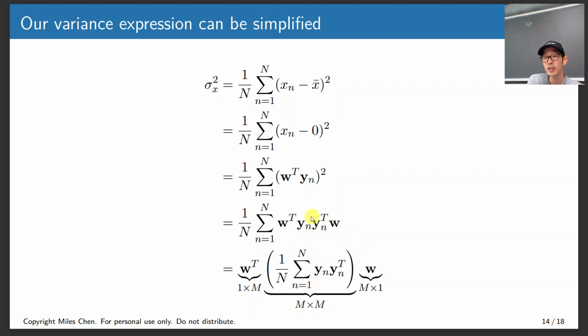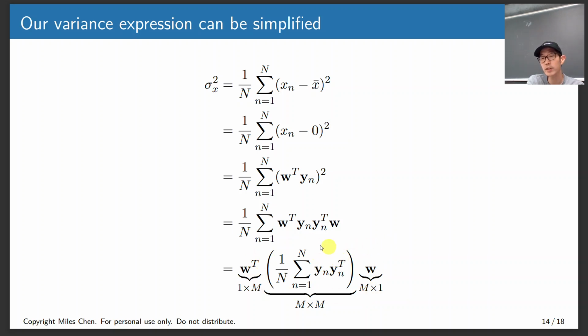Again, the w's are not affected by the subscripts, so we can pull them outside of the summation. Now we just take each y sub n times yn transpose. Whatever y is, if it's a vector of length m, the result there is an m by m square matrix. But we multiply it by w transpose and w after, and so the result of all of this is a single scalar value for our variance.